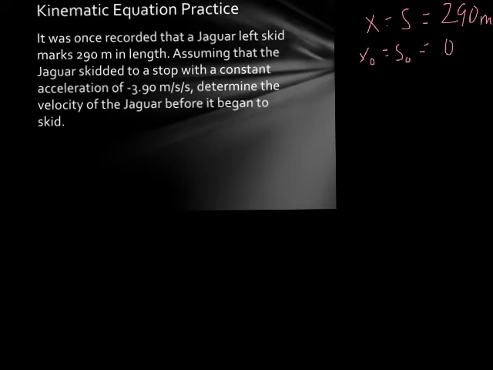We also know that our acceleration is negative 3.90 meters per second squared. My squared got cut off, sorry there. And we also know that our final velocity is 0 because it comes to a stop. Our question is our initial velocity, or our u.